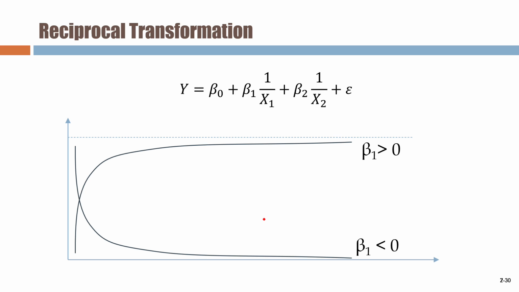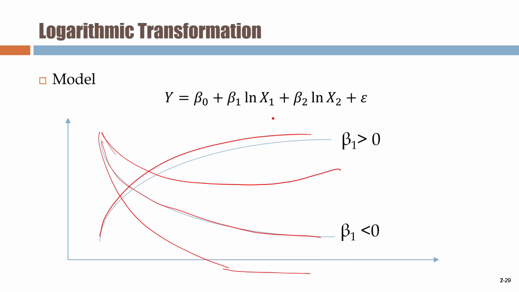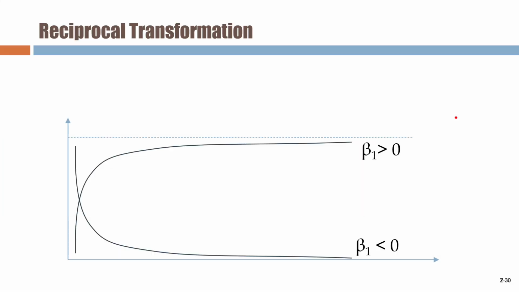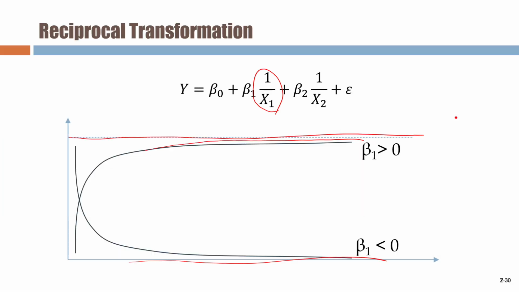Reciprocal is similar, but if there is clearly an asymptote here, getting close to this line, an asymptote, then you have to try the reciprocal. What's the difference between this one and this one? This one doesn't have an asymptote. You can keep going up. However, this one has a clear asymptote.